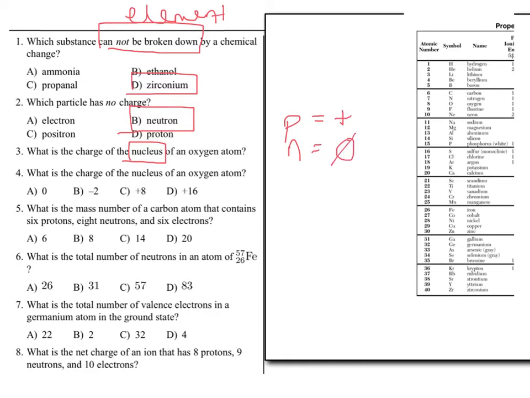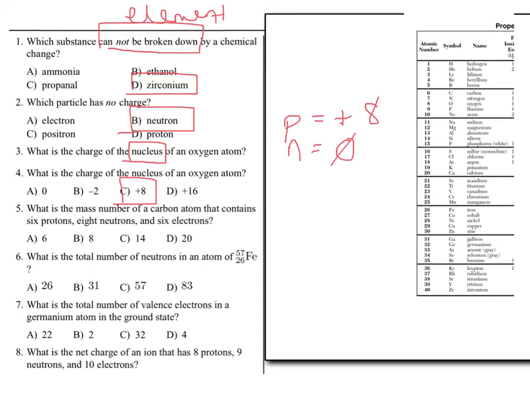So in an oxygen atom, we can see here from reference table S that oxygen has an atomic number of 8. So it has 8 protons, giving it a positive 8 charge. Remember, the overall atom has a neutral charge of 0, but in the nucleus it's always the positive charge equal to the atomic number.